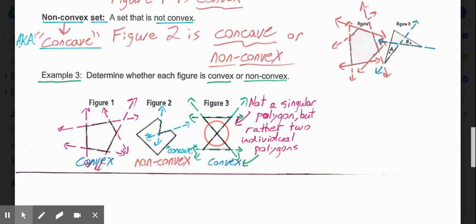So this point would not necessarily be on the interior because these two individual polygons simply meet at that point. So each one of these individual polygons, when these sides are all extended, would be considered convex. So each one of these in figure 3 are convex polygons.